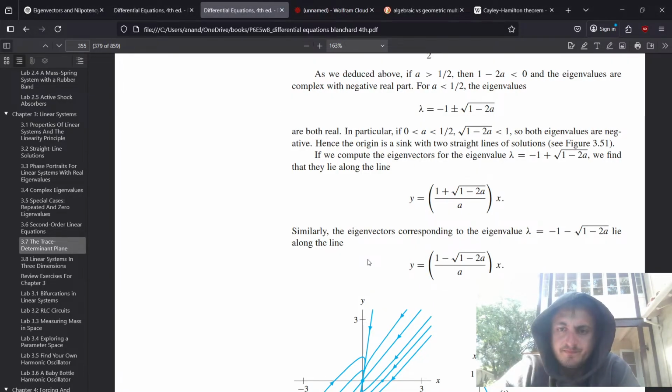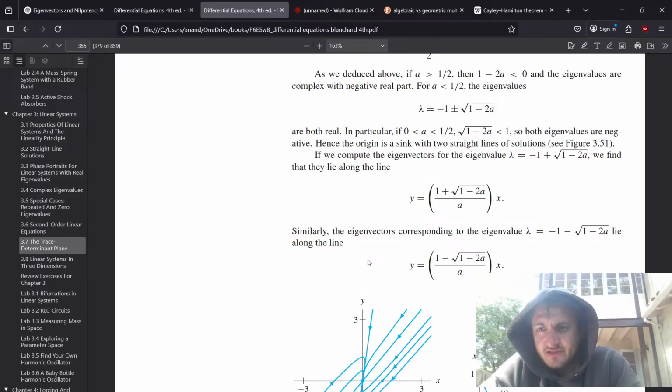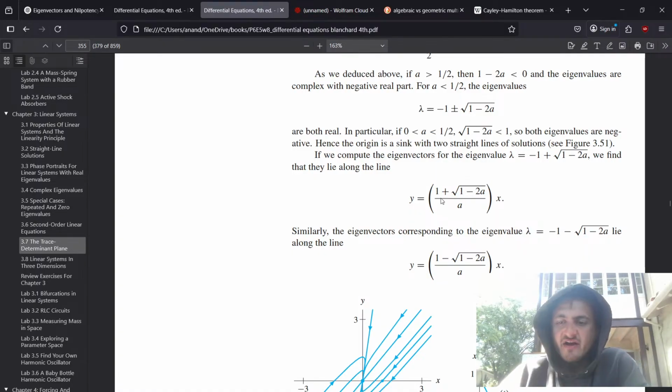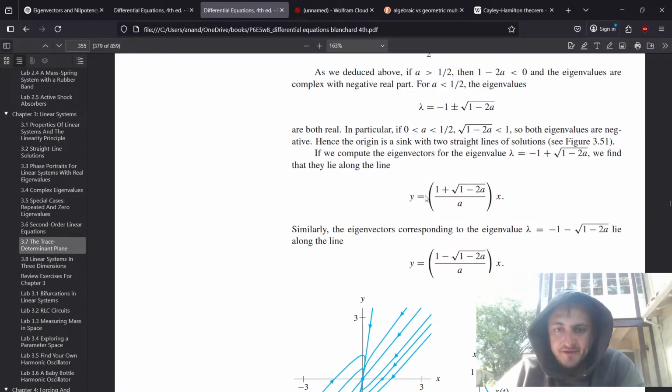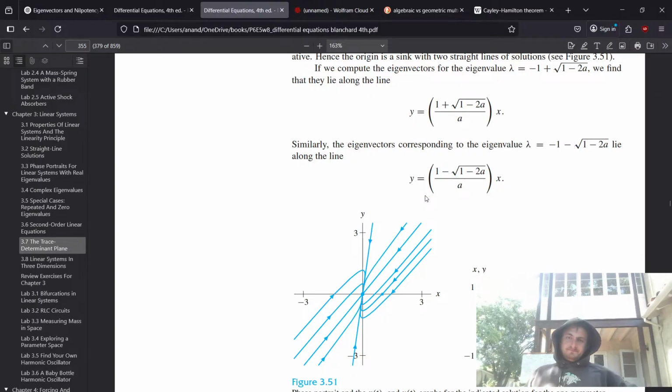If we compute the eigenvectors for the eigenvalue lambda equals -1 plus the square root of 1 minus 2A, we find they lie along the line. This I would like to verify, but not right now. Similarly, the eigenvectors corresponding to the eigenvalue lambda equals -1 minus that square root.